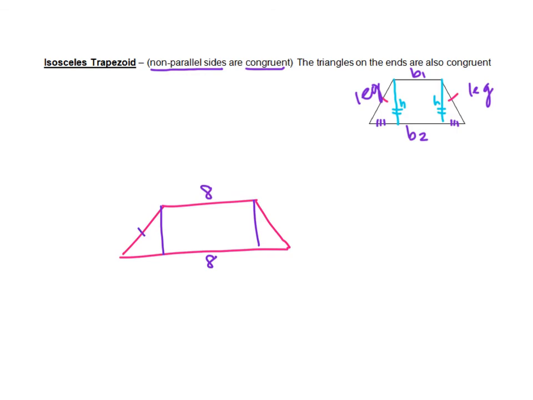The legs of the triangles and legs of the trapezoid are congruent. If this was 3, then we know this would be 3 over there. If this was a 5, we know that would be a 5 over there. So if you know it's an isosceles trapezoid, you can match up some congruencies within the trapezoid.